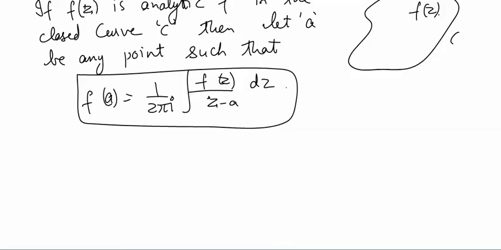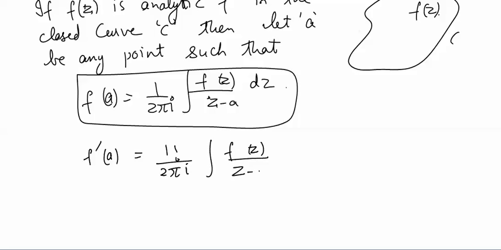This can also be extended to the nth derivative, right? Supposedly f dash of A will become 1 factorial upon 2 pi i into the integral of f(z) upon z minus A the whole square.